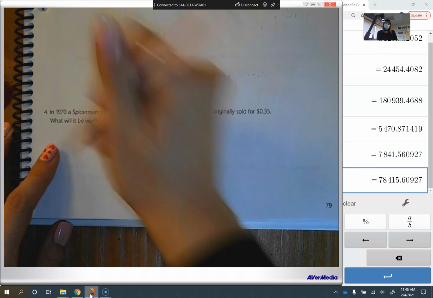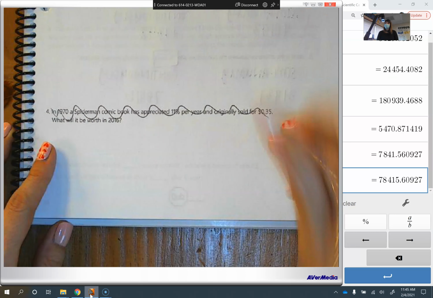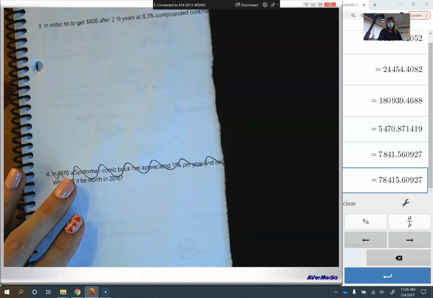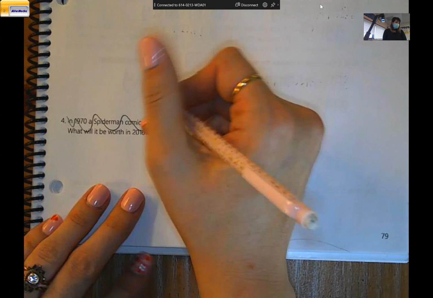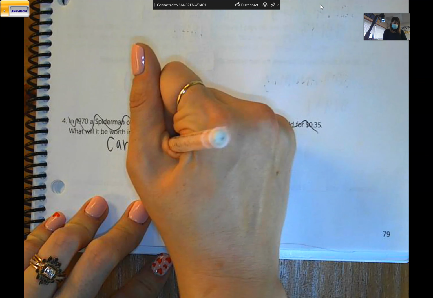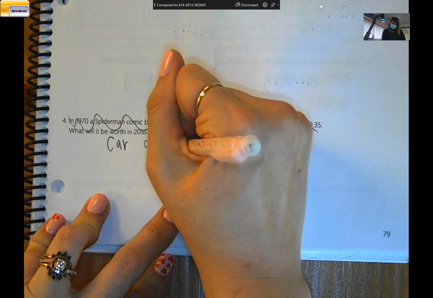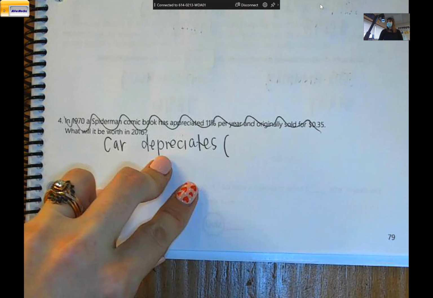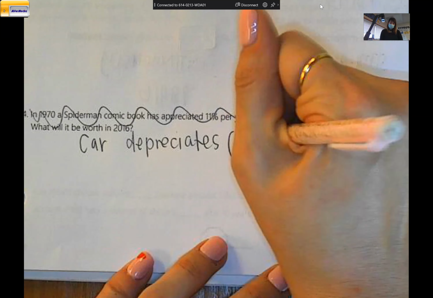Let's do, so this Spider-Man problem, let's do a decay problem. So a car depreciates. A car depreciates. Do you guys know what that means? Loses value.